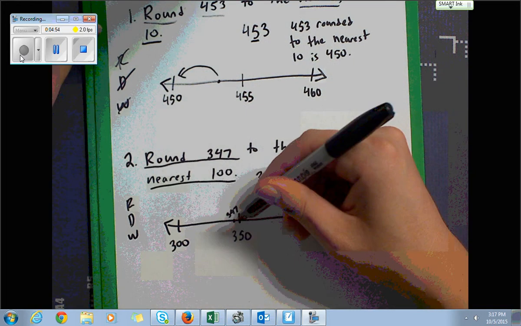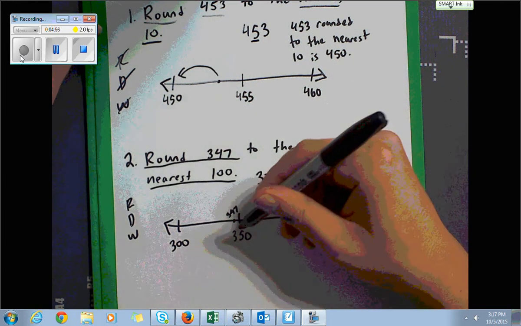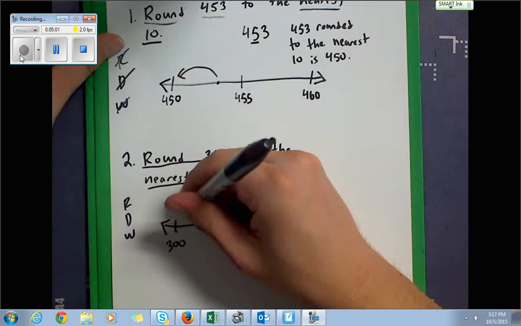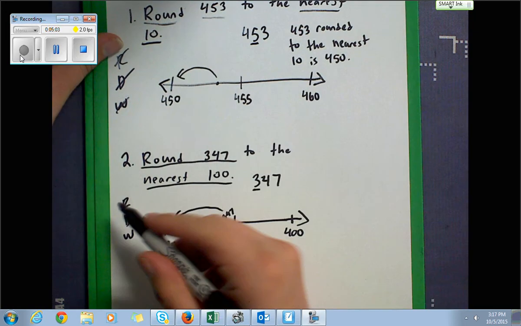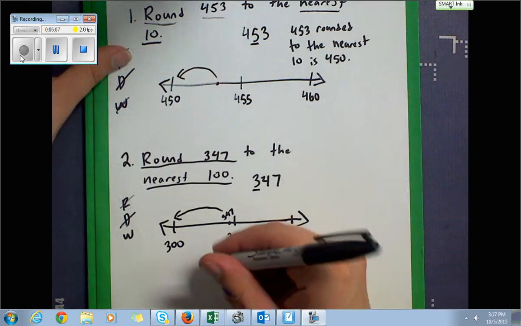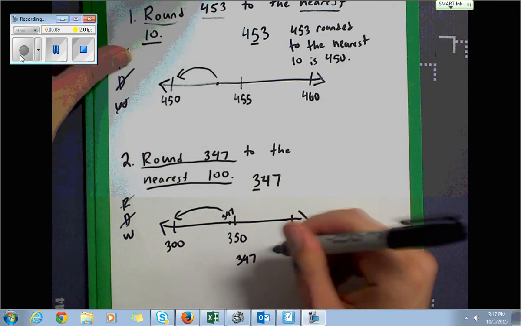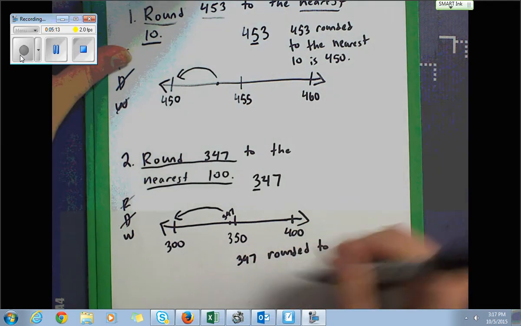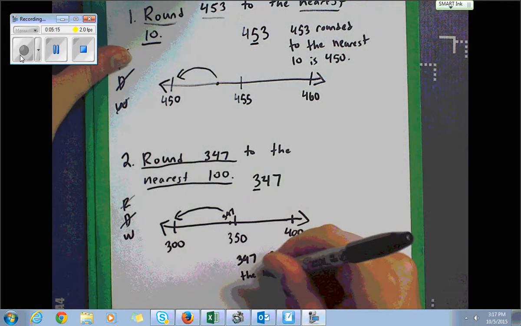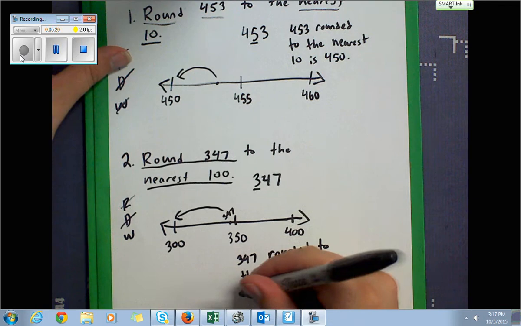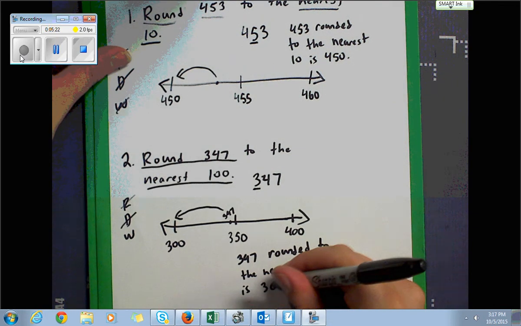Well, since I'm to the left of the middle and numbers to the left are going down, I'm going to be rounding down to 300. I can cross off my read and my draw model now. Okay, I'm going to do my W. 347 rounded to the nearest 100 is 300.